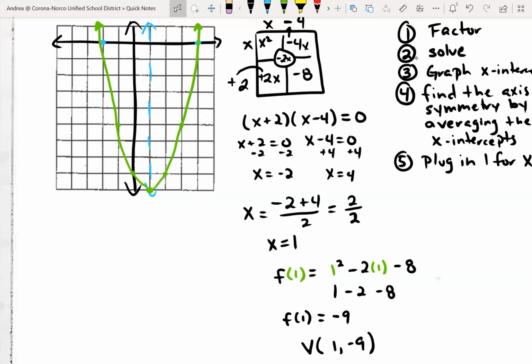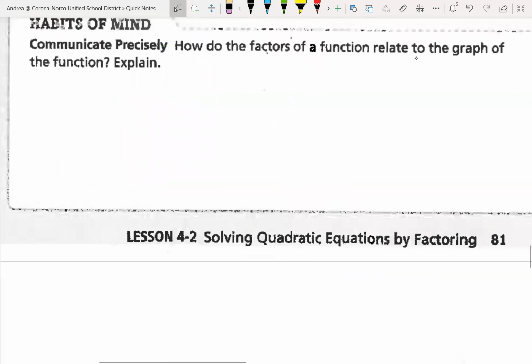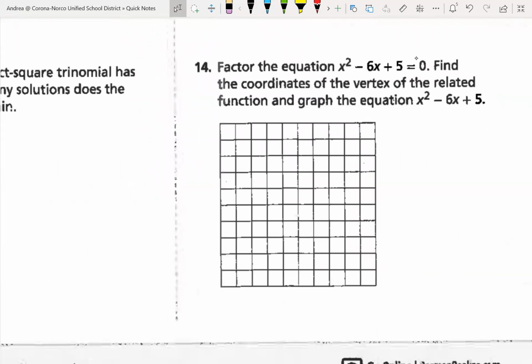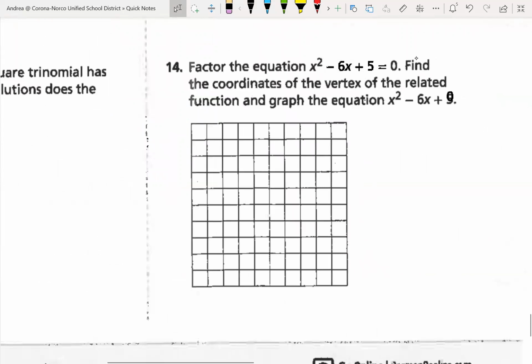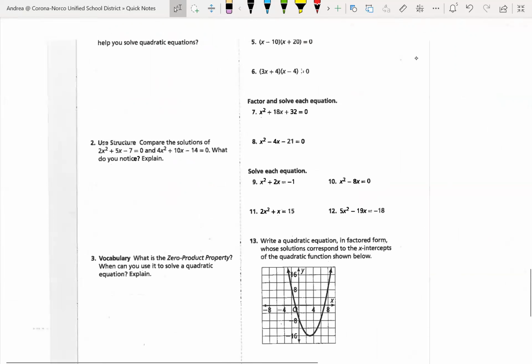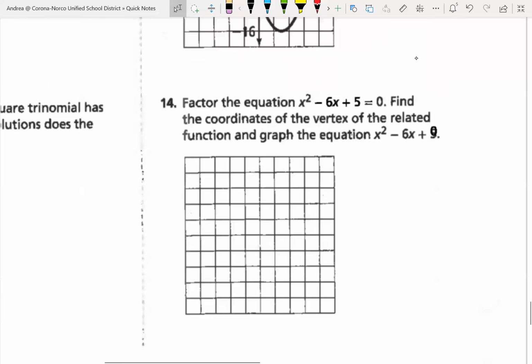So that is my problem. Any questions over that? Okay. Okay, we're going to use this one.